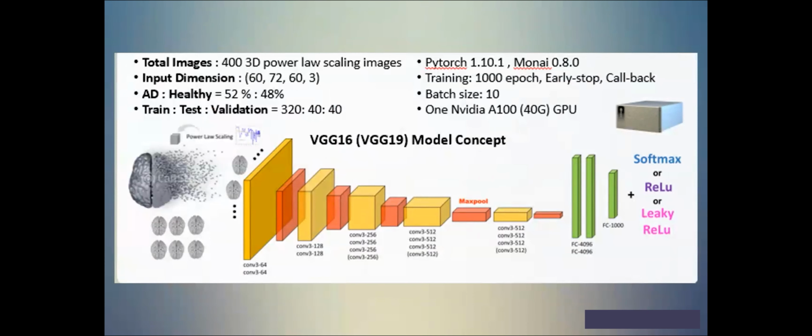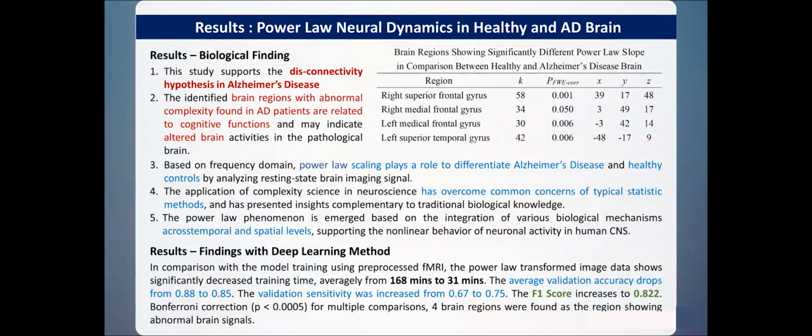And our model settings are shown here. We use VGG16 and VGG19 with PyTorch and MONAI, using just one chip of the NVIDIA A100 with 40G memory. Such exploratory research shows some interesting results, both in biological findings and deep learning methods.